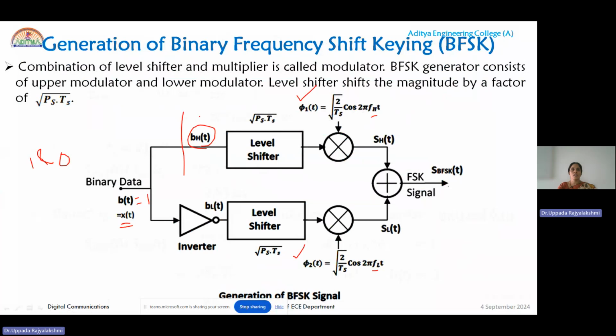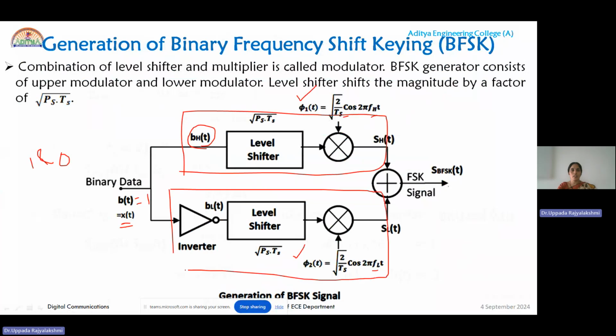This whole section is the upper modulator, and this is the lower modulator. In the upper modulator, the input is BH of t, and for the lower modulator, the input is BL of t, where BH of t is directly equal to B of t, and BL of t is the complement of B of t, because BL of t is applied to the inverter.